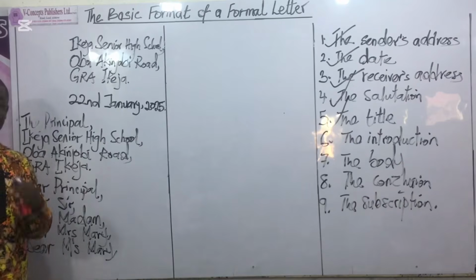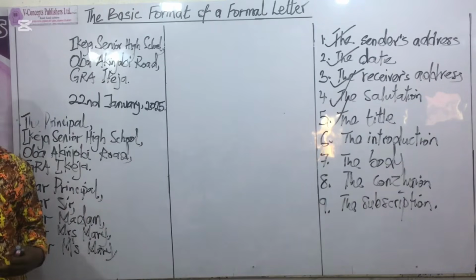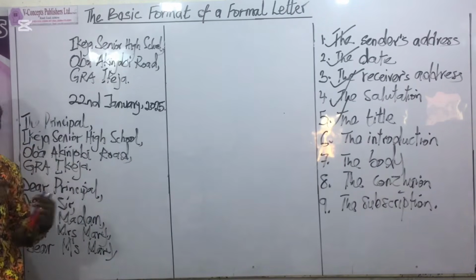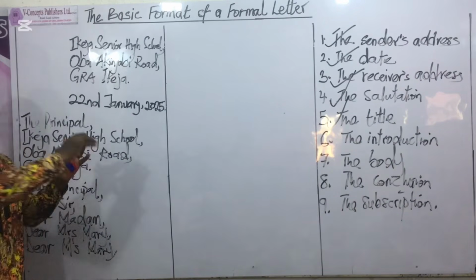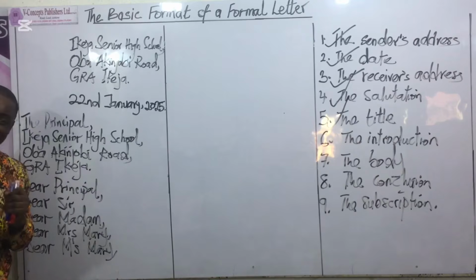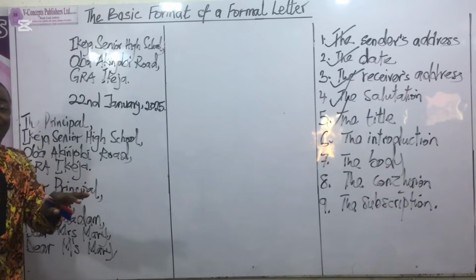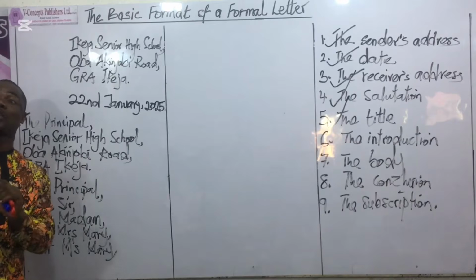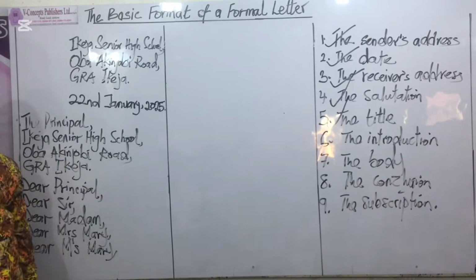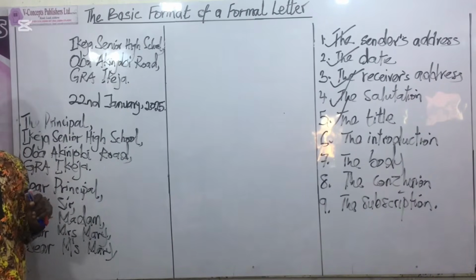Then another thing again, that's the second rule which I've just explained now. The third rule around the writing of the title of a formal letter is that if you write the title in lowercase, so that each major word begins with the capital letter, you underline the caption.